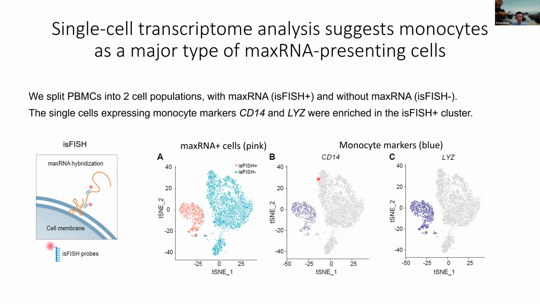Then we plot the expression levels of marker genes of different PBMC subtypes. Here we are plotting two marker genes of monocytes. We see that these marker genes seem to concentrate in the single cells of the IS-FISH plus population, which coincides with our microscopy observation, that is, the monocyte seems to be a major surface RNA presenting cell type in PBMC.